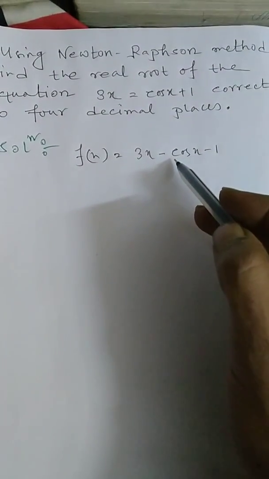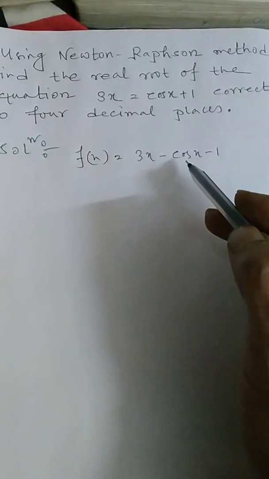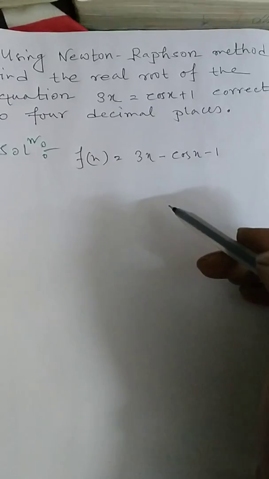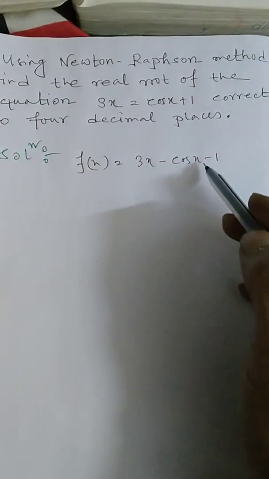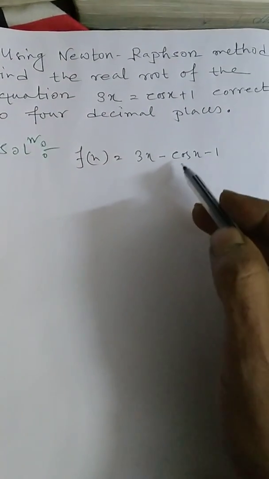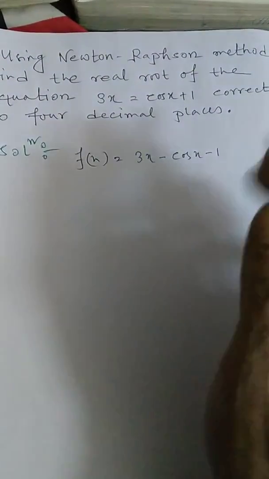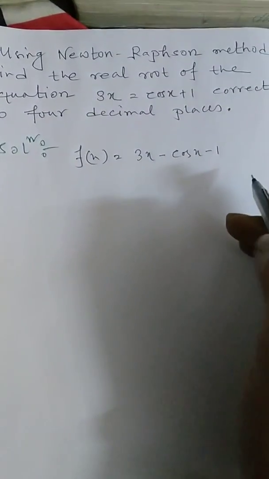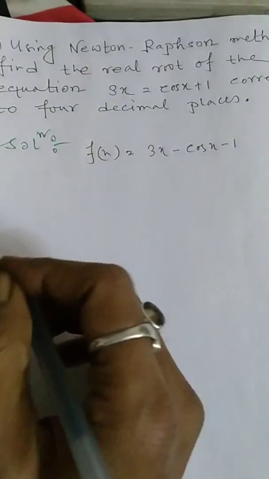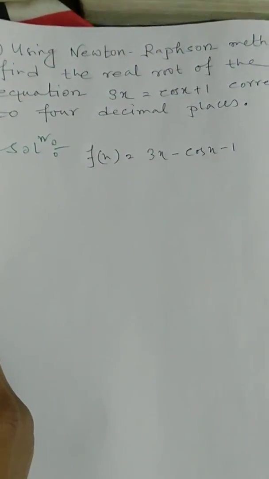As cos x is a trigonometrical function, the mode of the calculator should be radian mode, because otherwise the answer will not come properly. Whenever the function is trigonometrical, we should remember the calculator should be in radian mode.